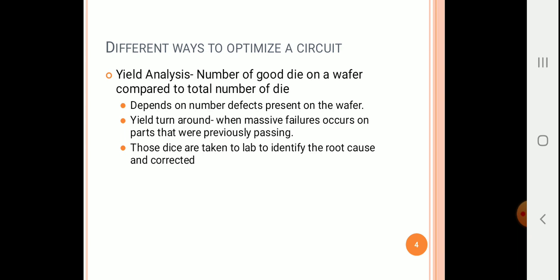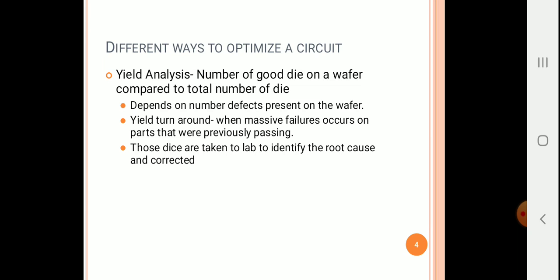There may be massive failures of a number of ICs that follow the same procedure as the previous set of ICs, where the previous set was passing the IC test, whereas this set, made by the same process, is failing.